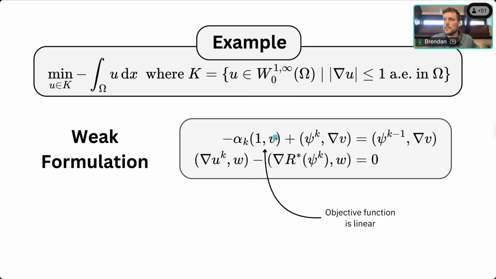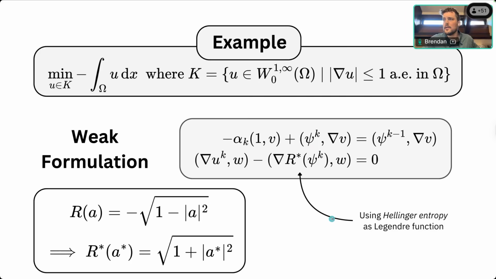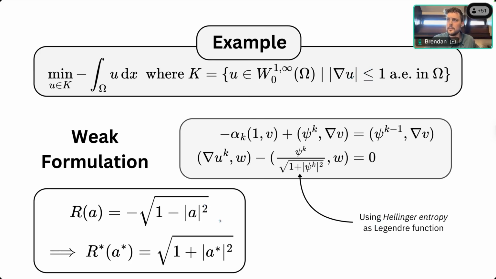It's actually something you can move to the right-hand side of this system. But the Legendre function is very different than the previous two examples because the constraint is different. We're trying to make sure that the gradient stays inside the unit ball. So you could use the Hellinger entropy for this case, but there are other choices. If you use the Hellinger entropy, then you get a system of equations that looks like this at each iteration.